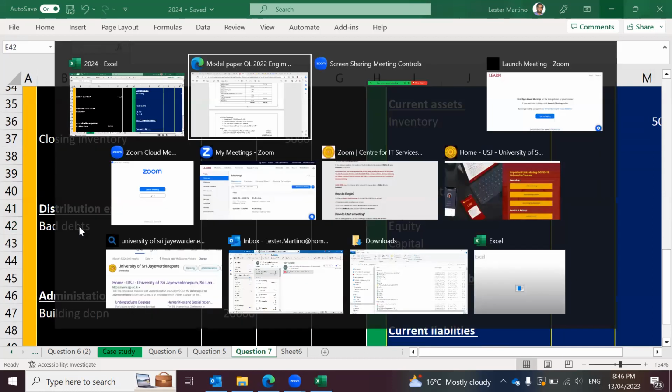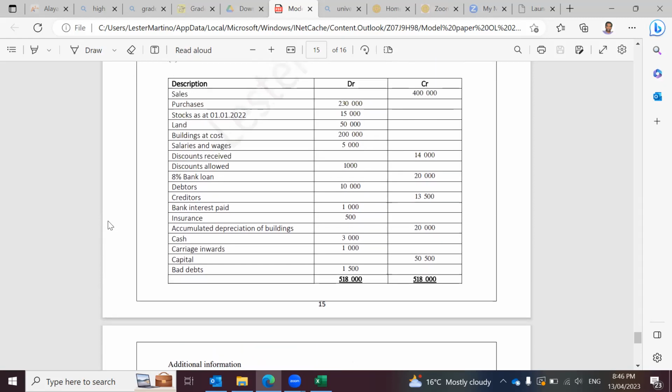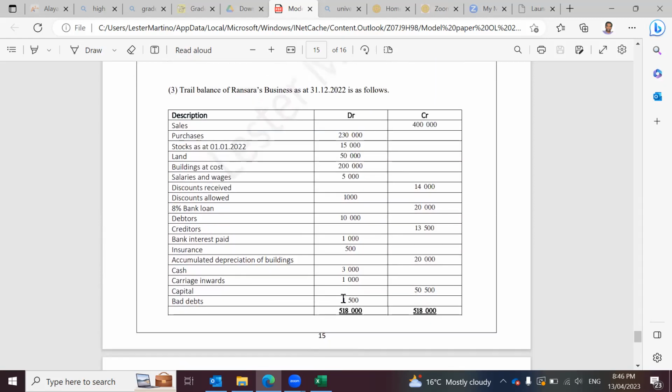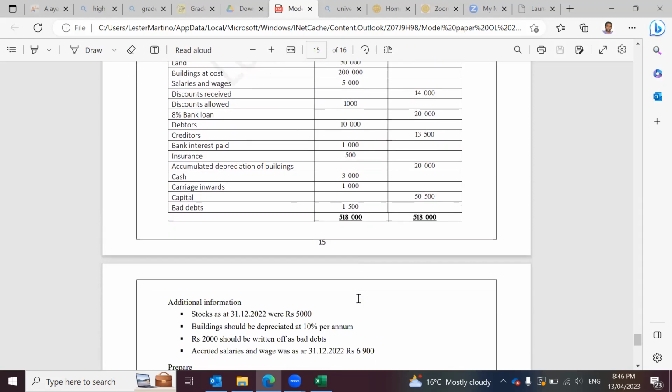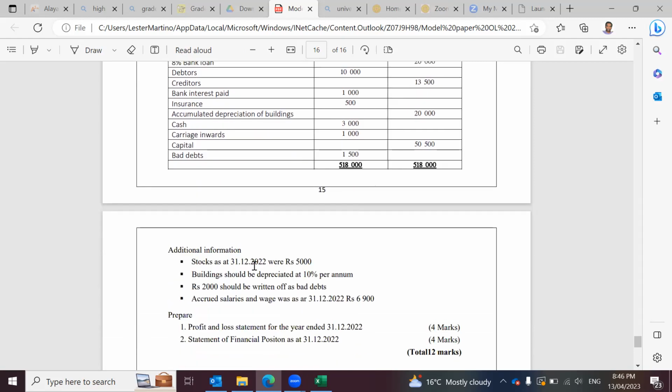Check whether you have any balance of bad debts in the trial balance. You have 1,500 in the trial balance. That 1,500 plus 2,000, 3,500.